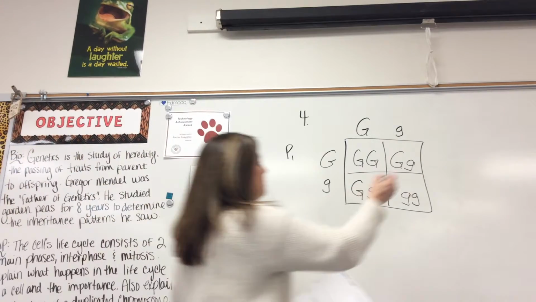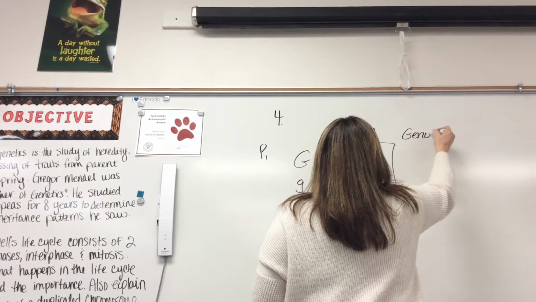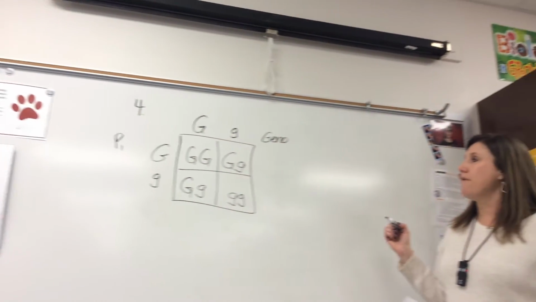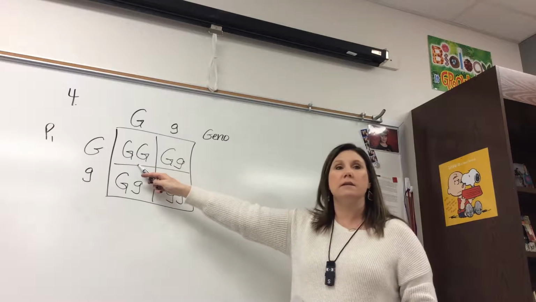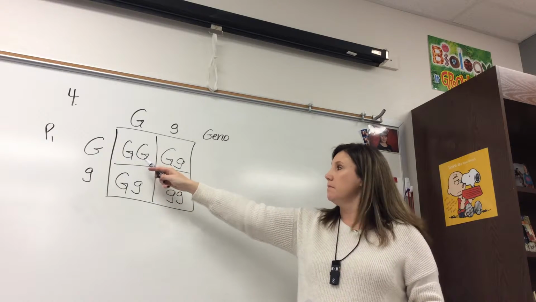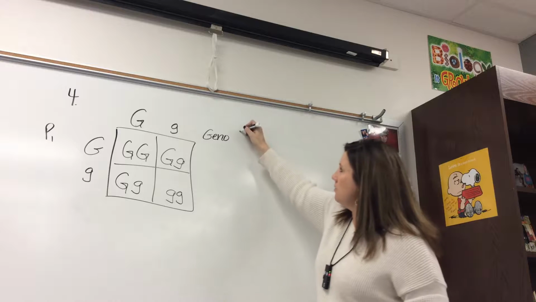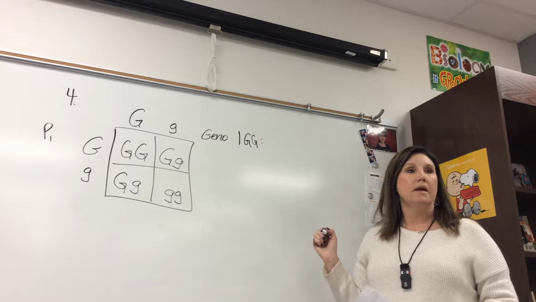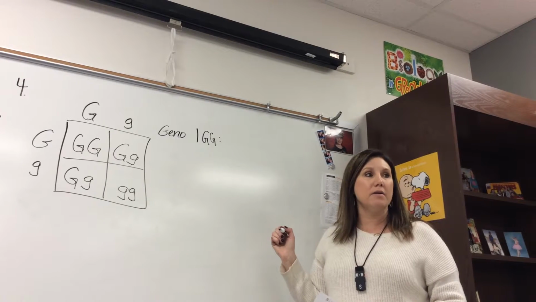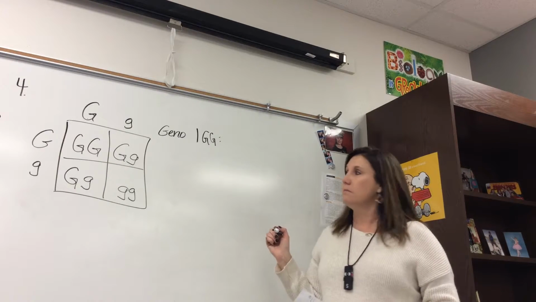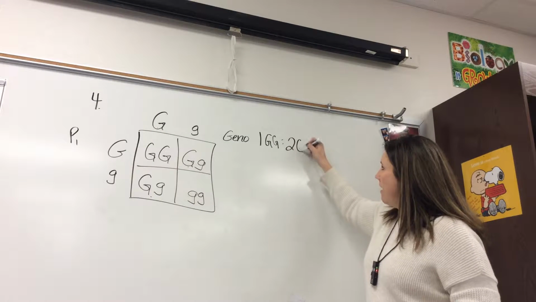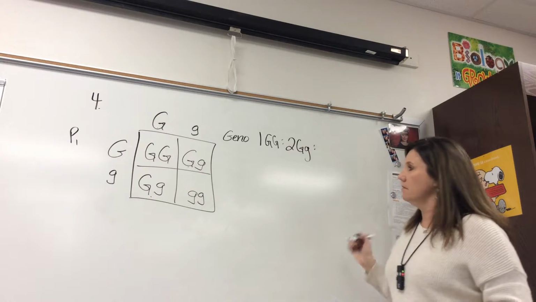Okay, let's do the genotypic ratio. How many will have a homozygous dominant genotype? 1. So you write 1, big G, big G. How many will have a heterozygous genotype? 1, 2. So 2 will have big G, little g.